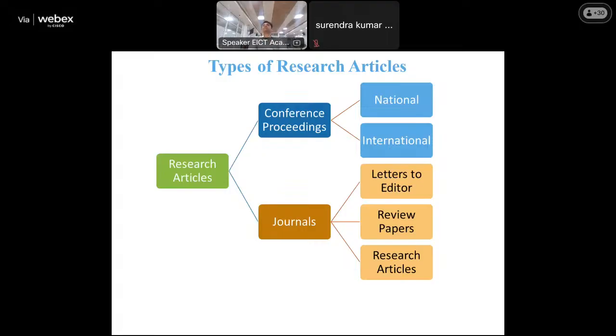Ultimately we want to publish our article. When we consider publishing an article, it can be done in either one of two ways: whether I am interested in publishing an article in a conference, or whether I want to publish an article in a journal. Both have a different path.